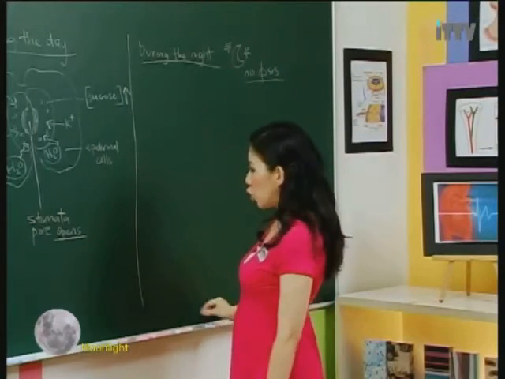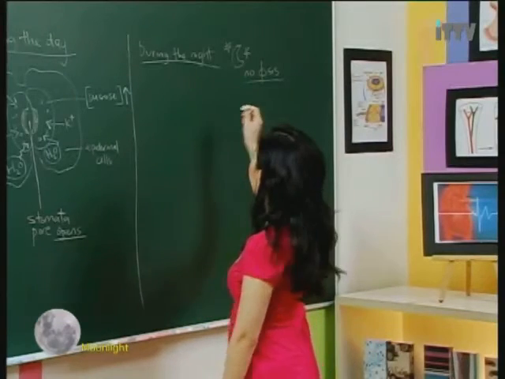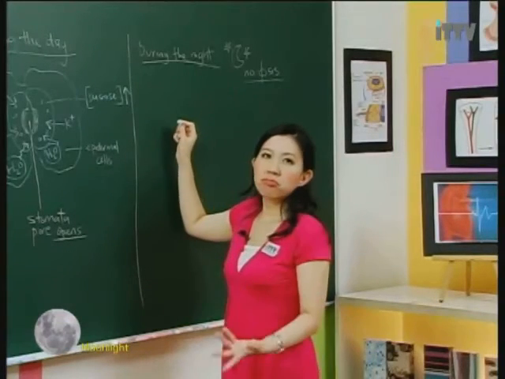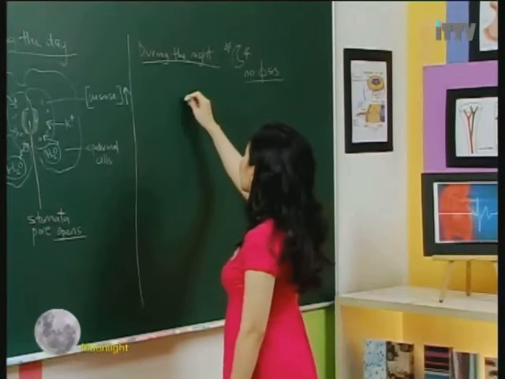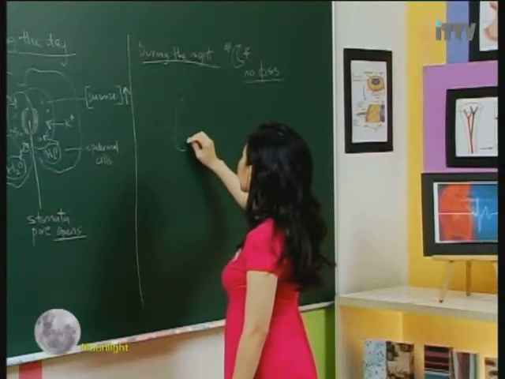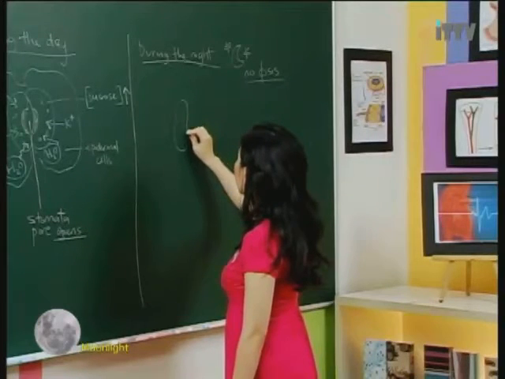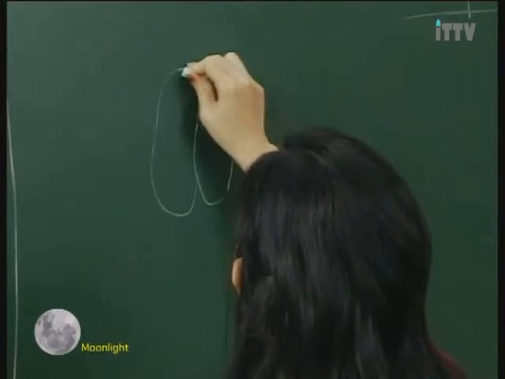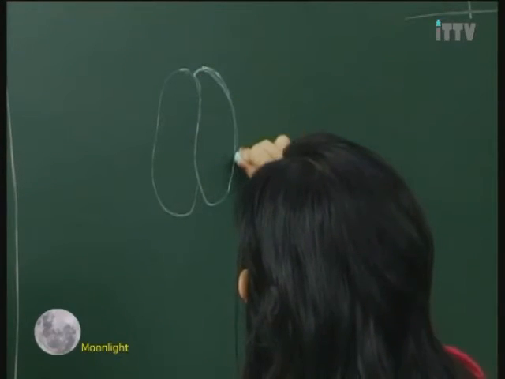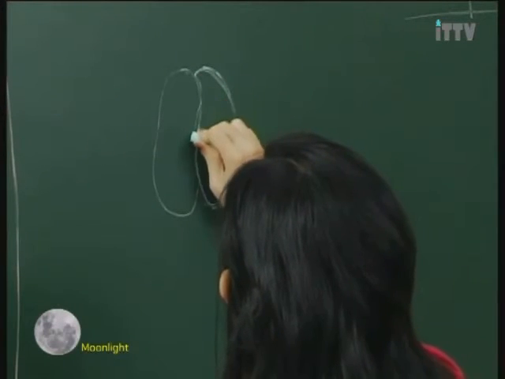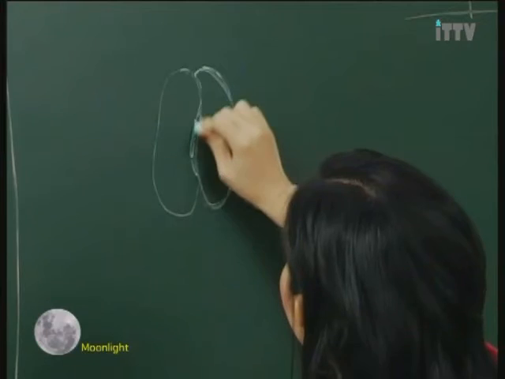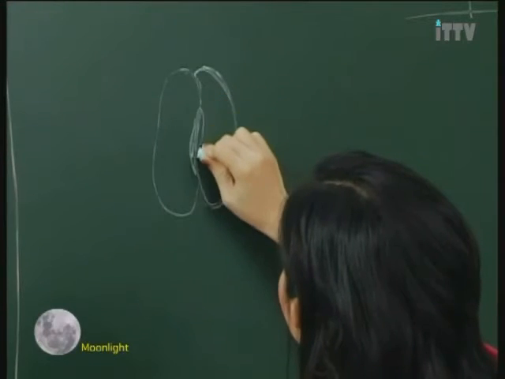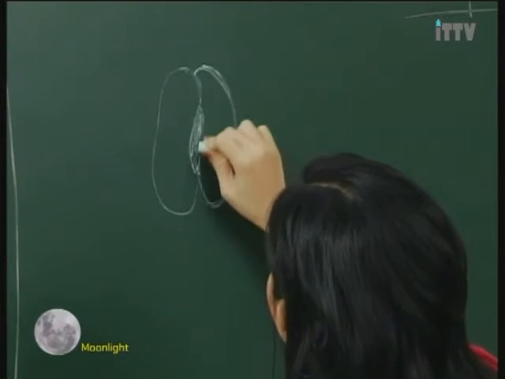So let me draw again. Okay, so this time the guard cells actually become flaccid. Okay, so the guard cells look a bit different. They still have the thick inner elastic wall, but it's closed.